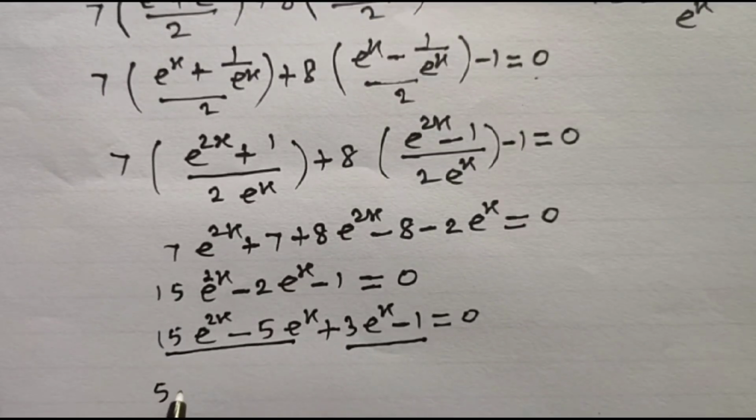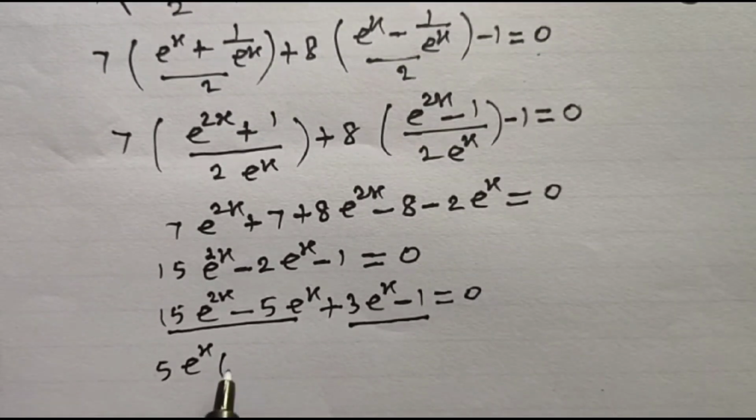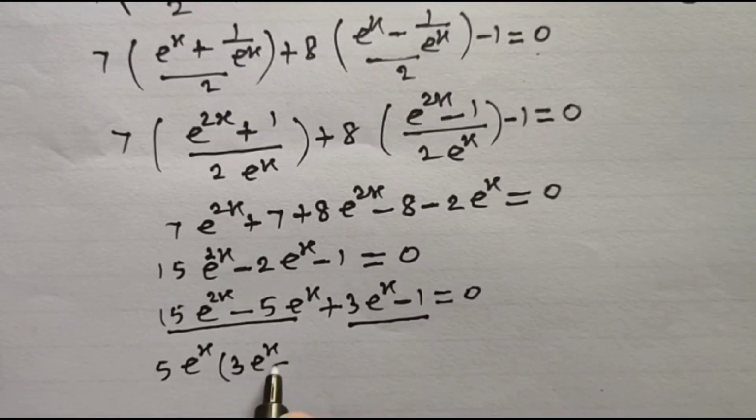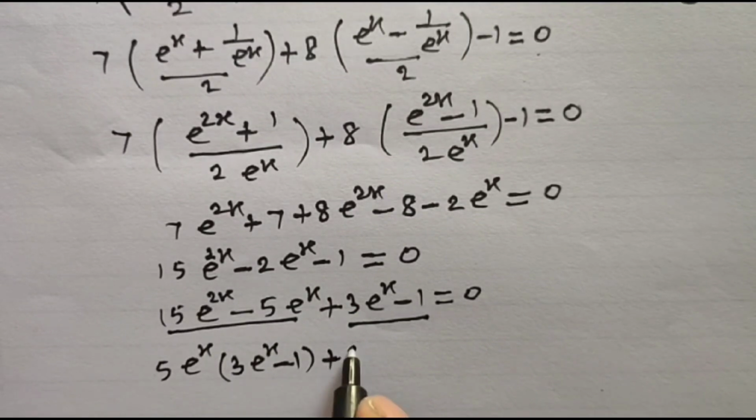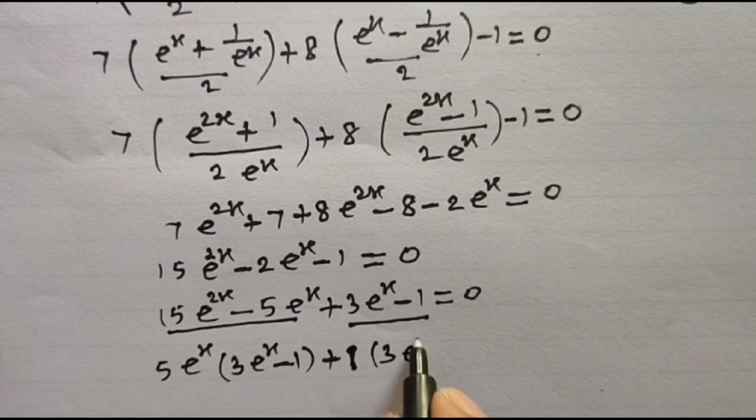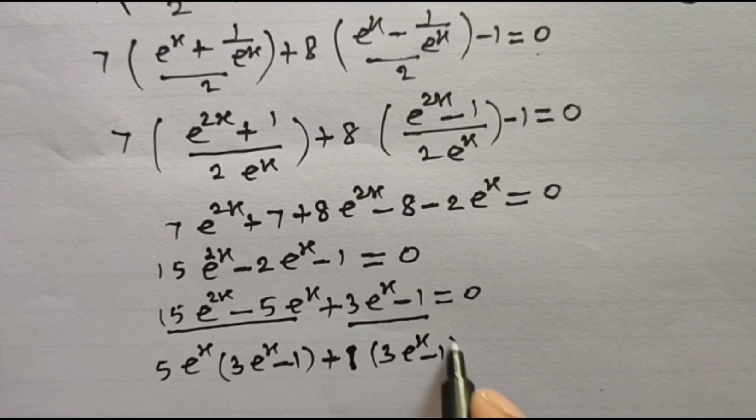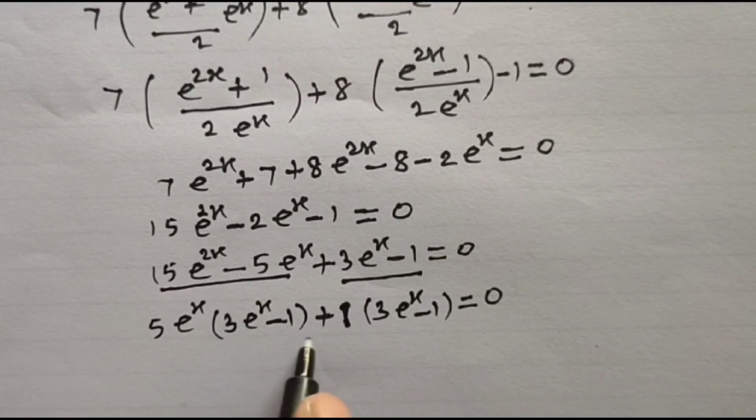Hence 5 times e to the power x is taken common, into bracket remains 3 e to the power x minus 1, plus 1 is taken common from here, and then 3 into e to the power x minus 1 is equal to 0. Now this bracket is taken common from these two terms.